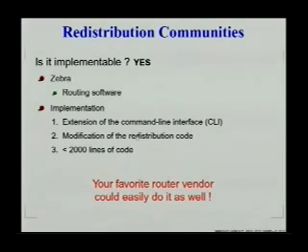And we have modified the redistribution code of the BGP process of Zebra so that redistribution communities are automatically taken into account and you don't have to do configuration on the receiving router. These modifications were only about 2,000 lines of code. So we think that every router manufacturer could do that.